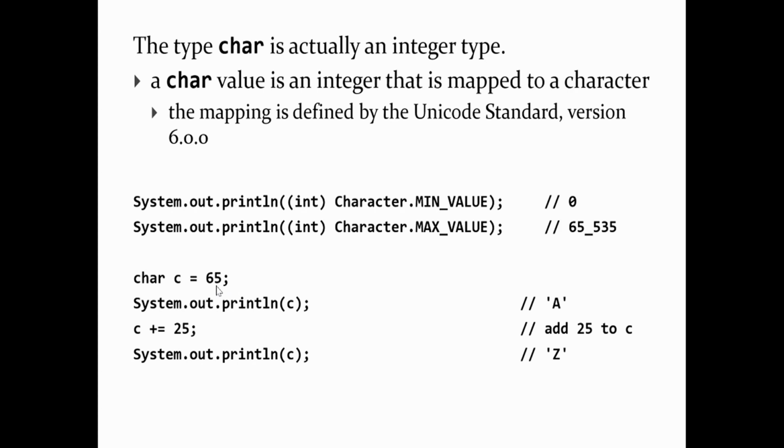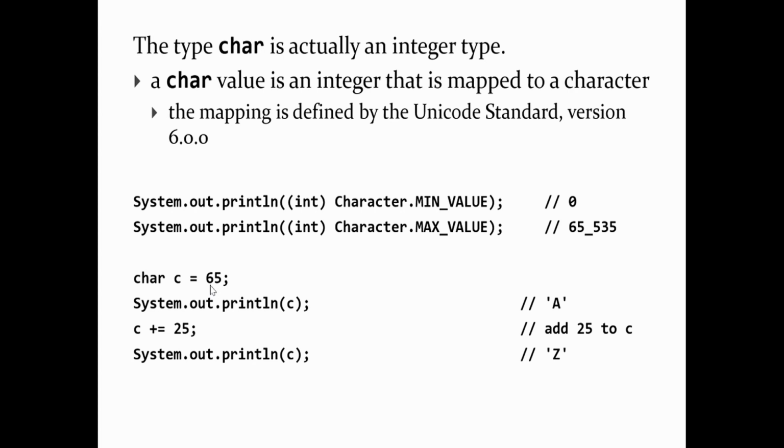Okay, so let's ignore these two for now. Let's start down here. If I write char c = 65, that is a legal statement in Java. It's weird, but it's legal. I just told you chars are individual symbols you write down in single quotes, but they're also integer values. So I can put an integer value here, and Java will convert that to a char.